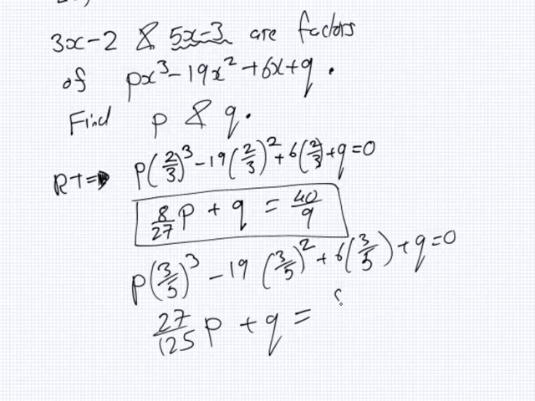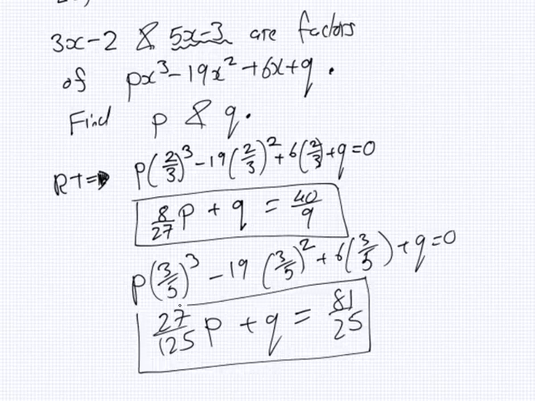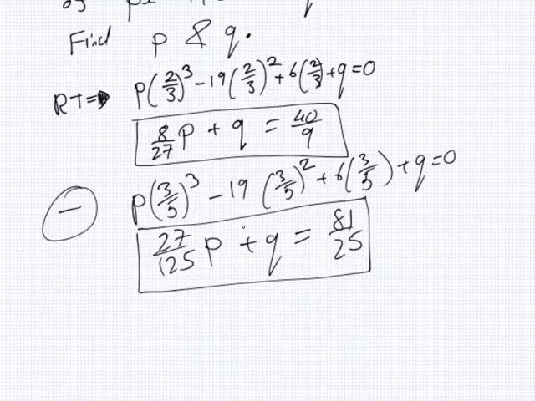Did you get 81 over 25? Yes. Now, what's the best method to use to solve these two? Best exam method to use? Substitution? Not substitution. Elimination, because the Q is ready to cancel. Q minus Q, it's gone.